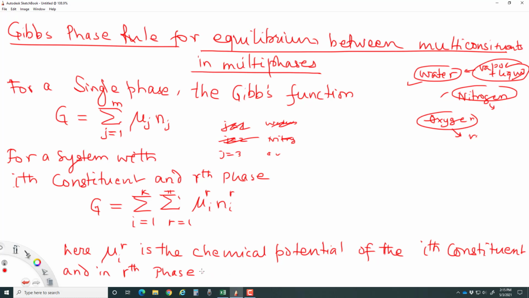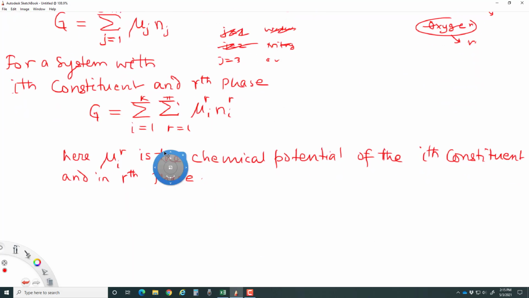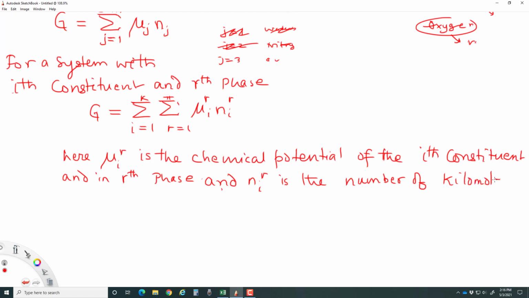And n i gamma in this case is the number of kilomoles of the ith constituent that is in the gamma-th phase.